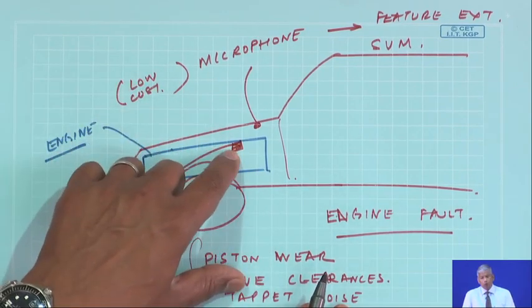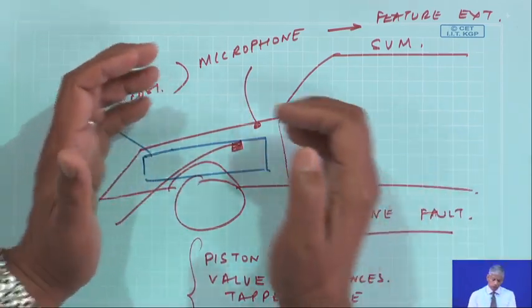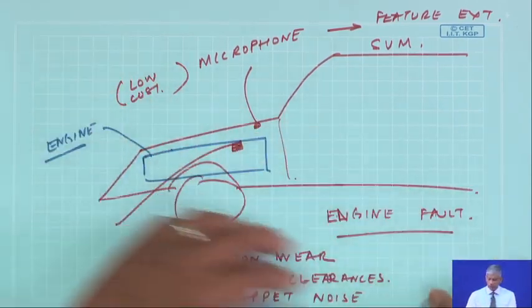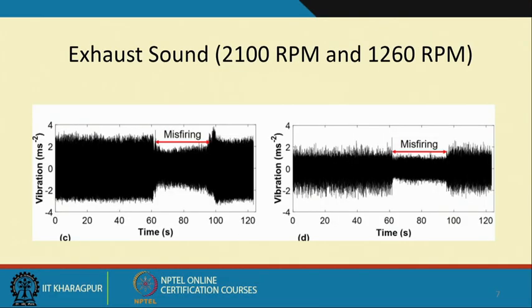So, this becomes a very complex signal compared to a noise signal which is just there inside the hood of the engine. Okay. So, this is an area where somebody can look into to monitor the health of this engine.